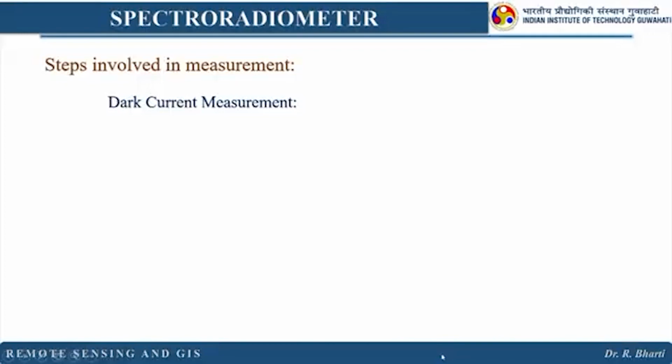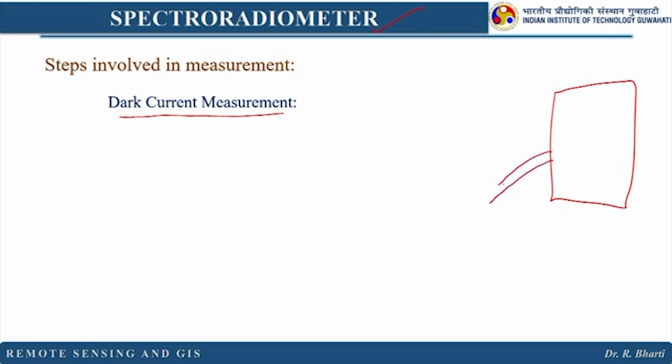Why? Because if you change the way you calibrate or you measure the sample spectra, it will influence your final result, right. In this spectroradiometer, basically we use the dark current. And what is this dark current? Suppose this is my spectroradiometer and this is the fiber optic cable.